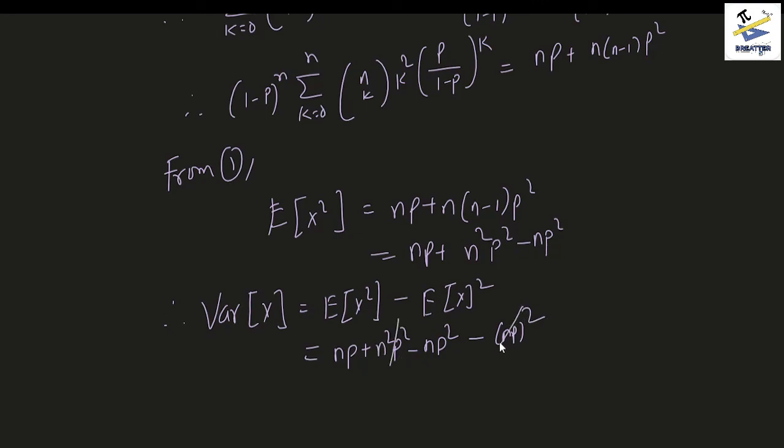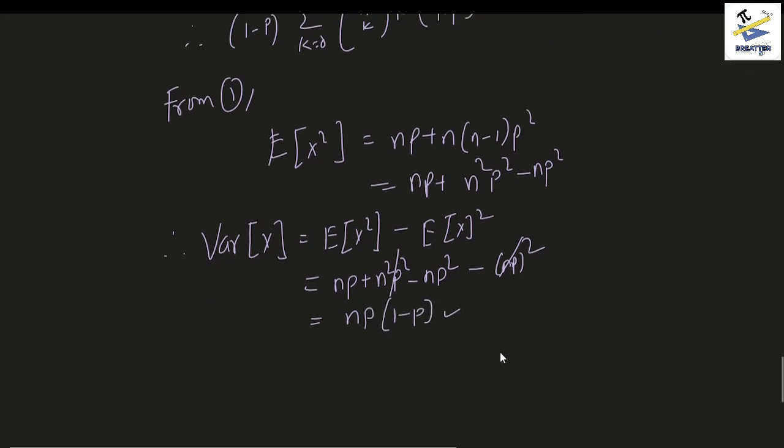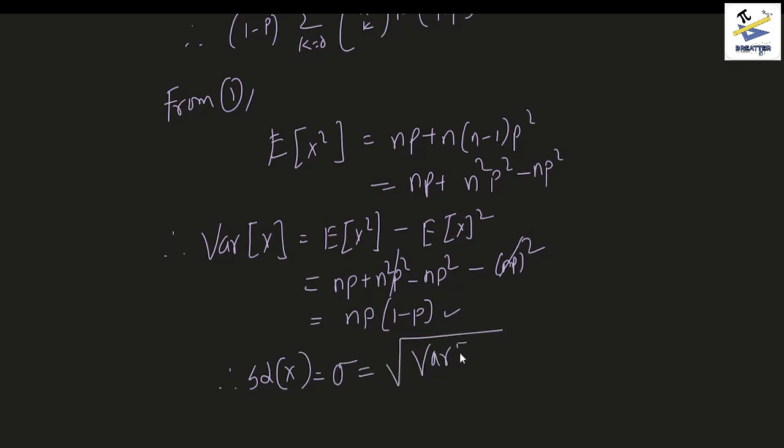So these terms cancel off, and what we are left with is np minus np square. You can take np common to write n into p into (1 minus p), which is the variance of the binomial distribution. Therefore the standard deviation of X, denoted by sigma, is given by root over the variance of X. In other words, it's just root over np(1 minus p).